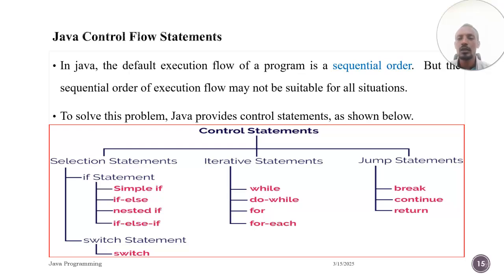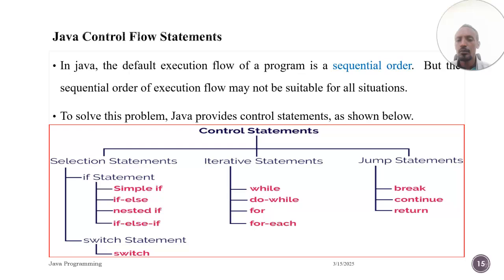From all these four, do while loop executes at least one time, whether the condition is true or not. The rest should follow the conditions, but do while loop executes at least one program, whether the given condition is true or not.